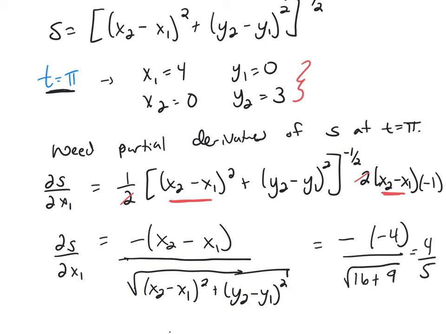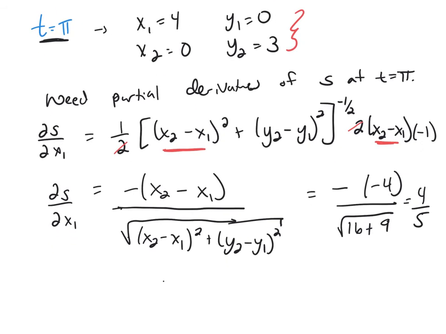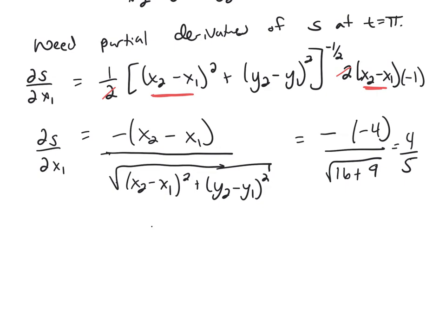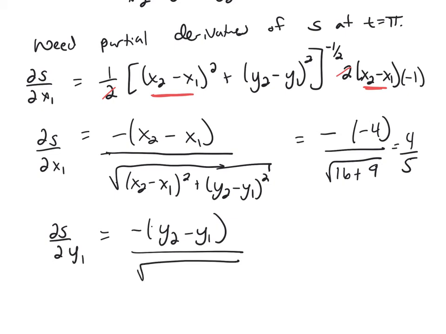You'll get positive 4/5. Then you need to find the other 3 partial derivatives. The partial derivative of s with respect to y1 is negative (y2 minus y1) over this square root, and if you plug in your coordinates, you'll get -3/5.